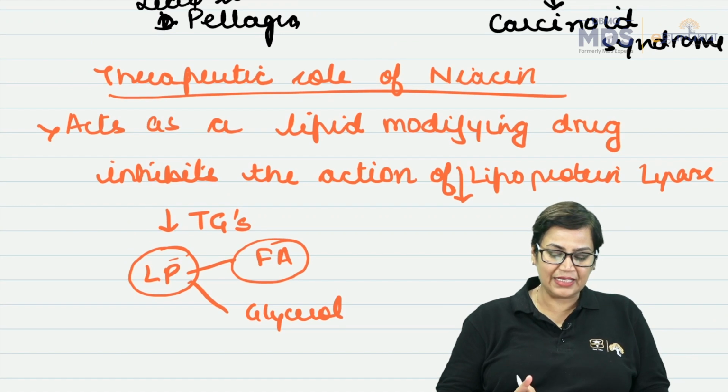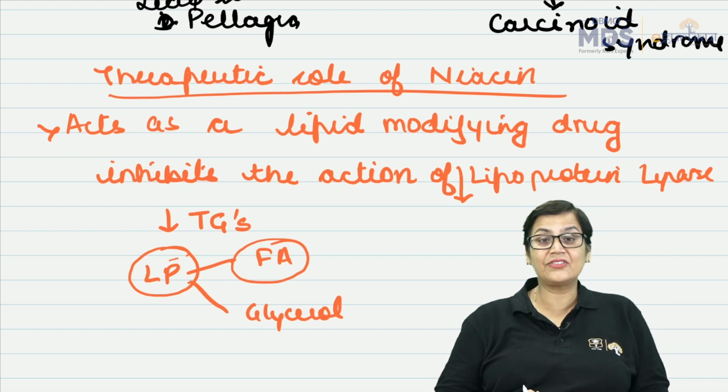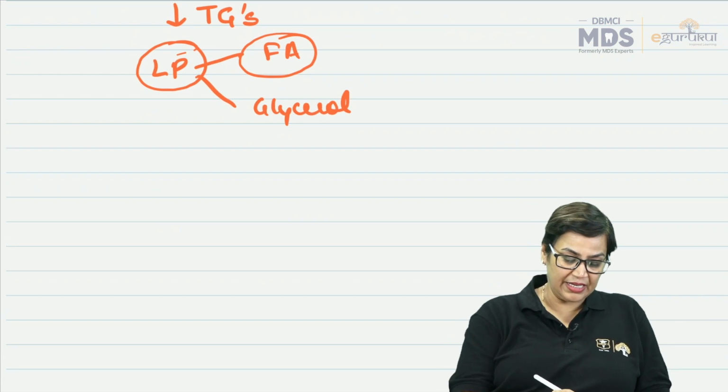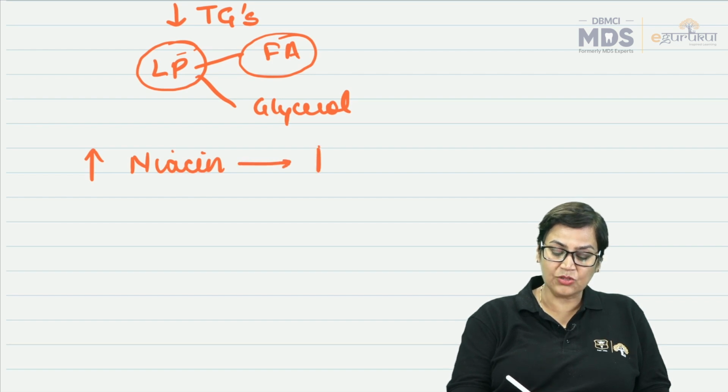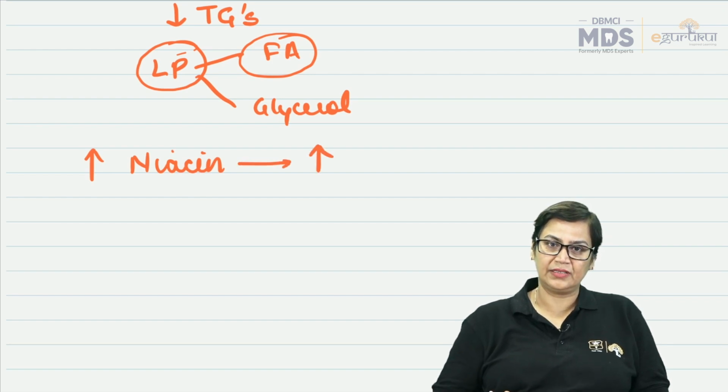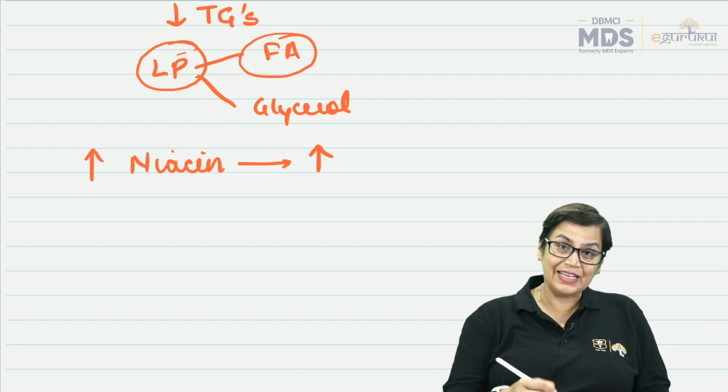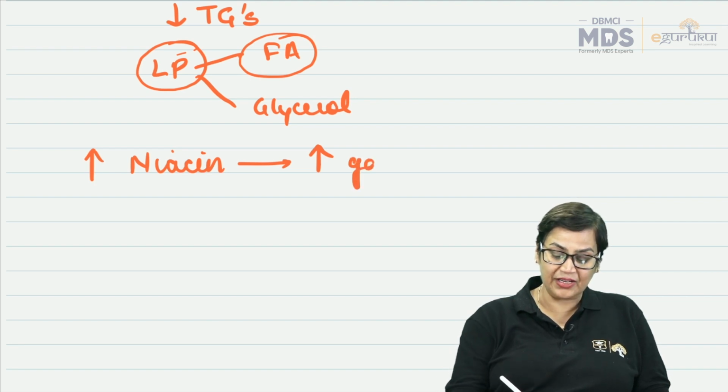And this is what makes it an atypical vitamin. Similarly, increased concentration of niacin is also harmful. If there is increased production of niacin, it is also harmful. Why? Because it increases gastric irritation.